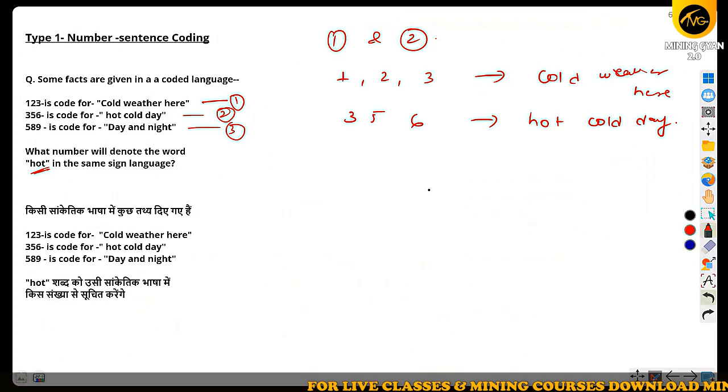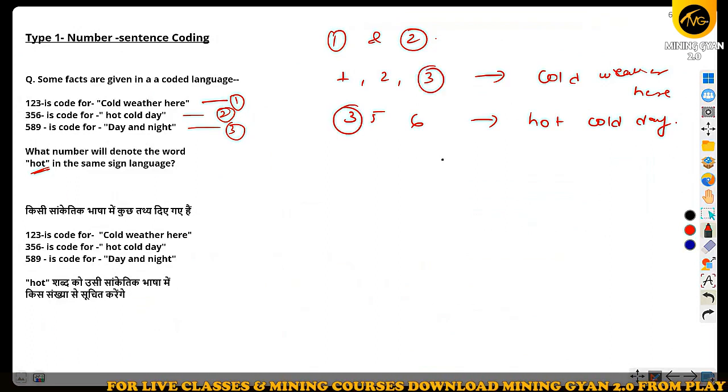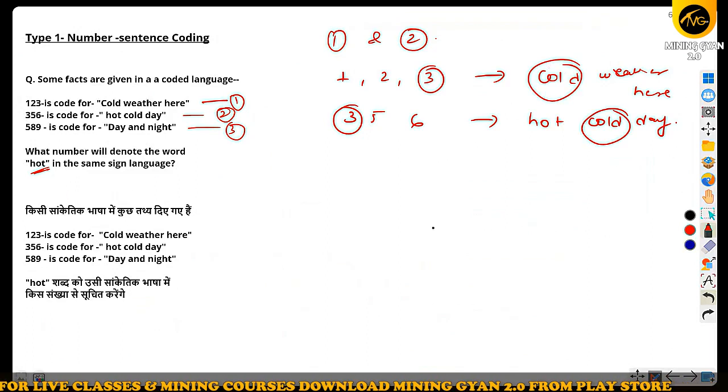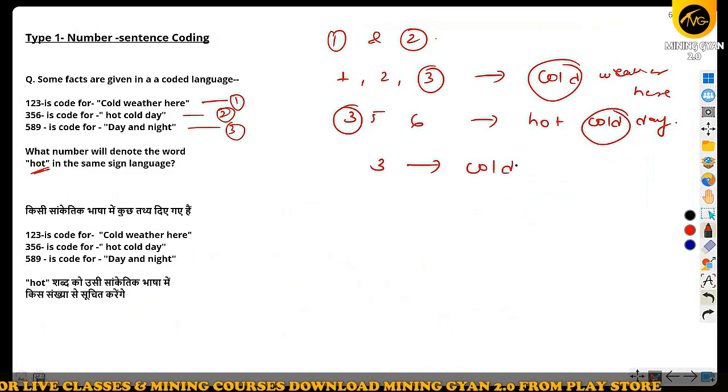Now compare what number is present in both equations. The number 3 is present in both equations, and the word present in both is cold. So basically the number 3 represents the word cold.